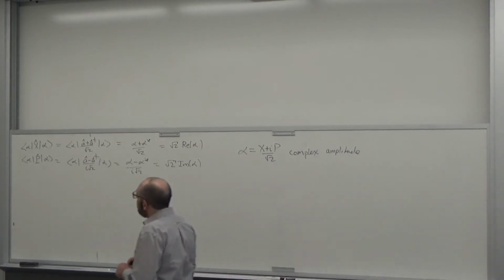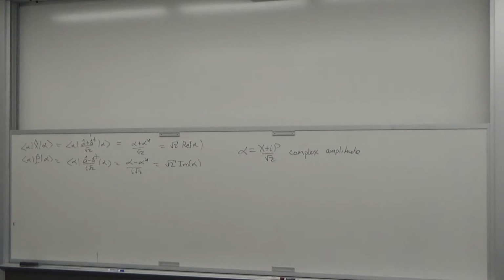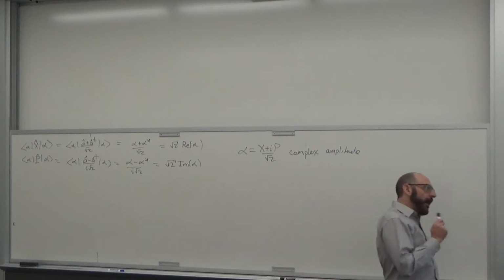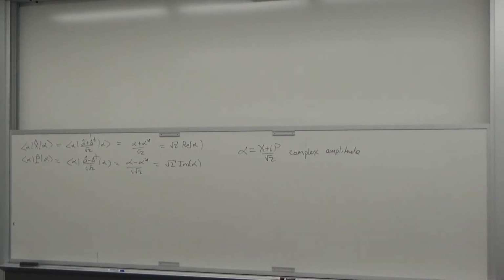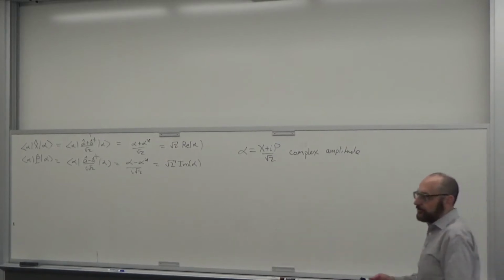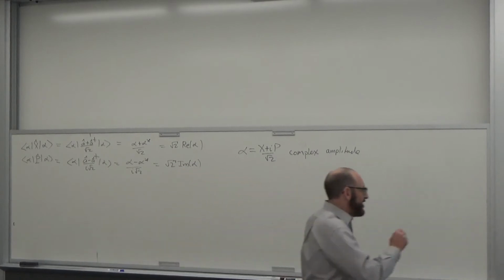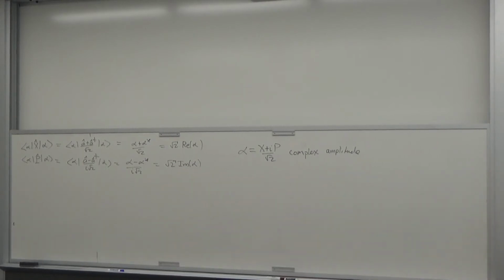Okay, so what about the other aspect of this? The question is that not only should the mean of the electric field operator evolve in time exactly as the classical wave evolves, but we also want this to have minimum quantum fluctuations.